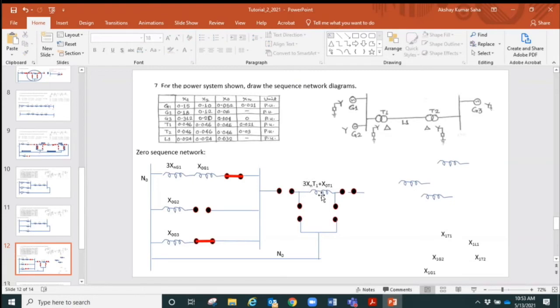So it's the total of the reactance between the neutral and ground, and the zero sequence reactance of the transformer. Reactance of neutral and ground will always appear multiplied by 3. So that's what we have done.